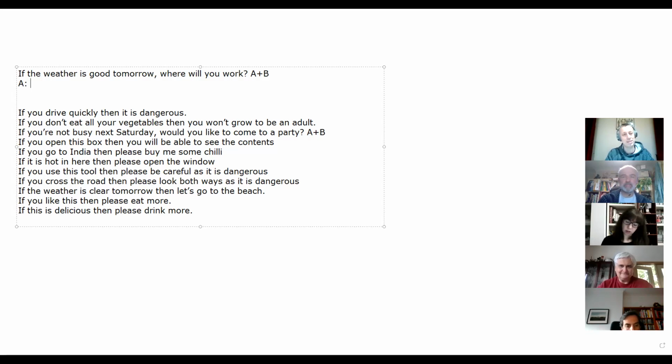So we need to start with moshi though, don't we? もし天気が良かったら Good. どこに働きますか? Okay, so where should we put tomorrow though? もし明日 Yeah, 天気 good. が良かったら 天気が良かったらどこに働きますか? どこで Yes, exactly, good. Good.